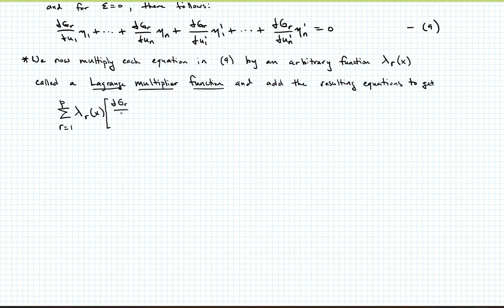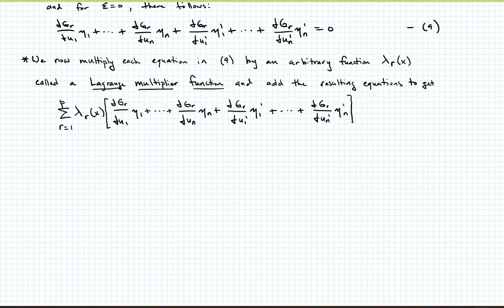So we have partial GR with respect to U1 times a to 1, plus dot dot dot plus partial of GR with respect to UN times a to n, plus partial of GR with respect to U1 prime times a to 1 prime, plus dot dot dot plus the partial of GR with respect to UN prime times a to n prime.